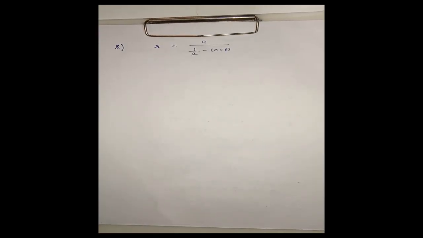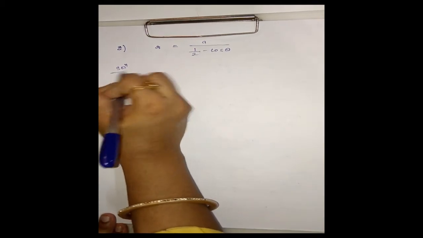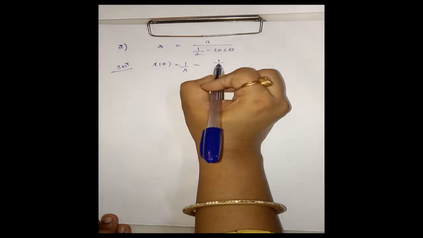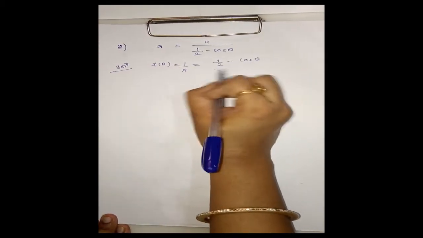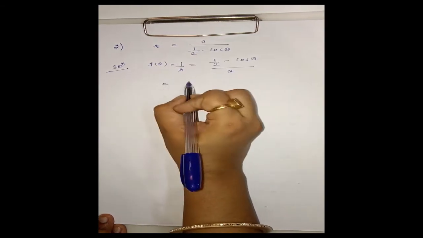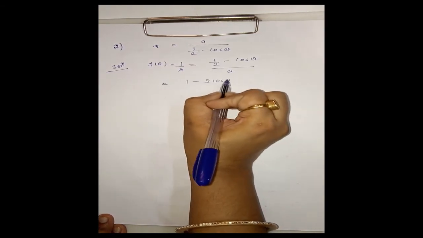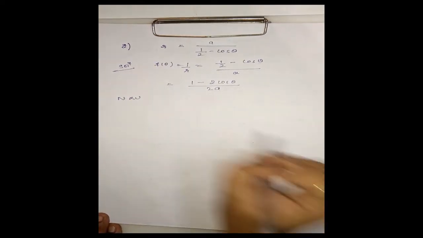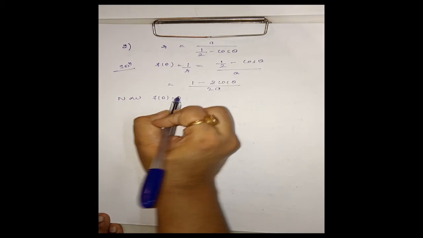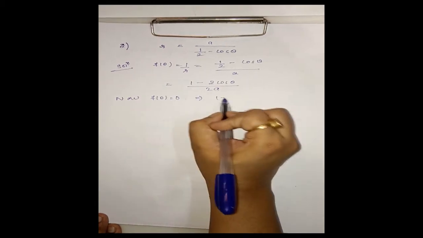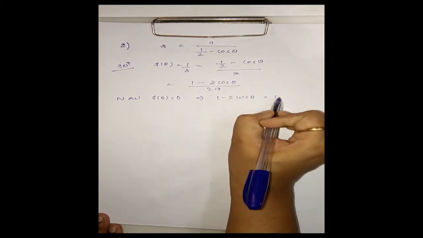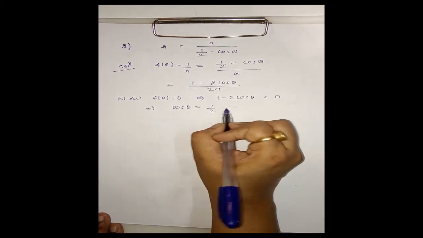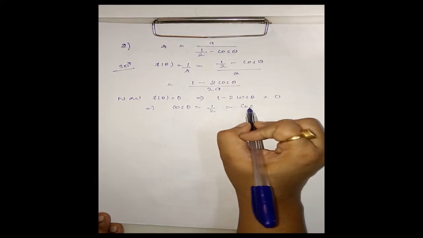Now same here also, f theta is equal to 1 by r, which is equal to 1 by 2 minus cos theta by a, or it can be written as 1 minus 2 cos theta upon 2a. Now f theta is equal to 0 will give me 1 minus 2 cos theta is equal to 0. That means cos theta is equal to 1 by 2, and we know cos 60 degree is 1 by 2.